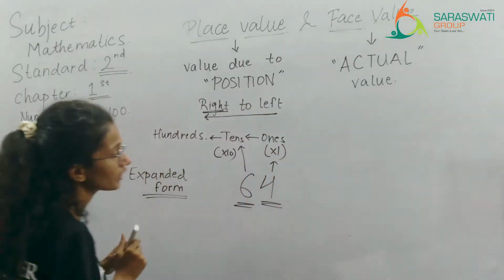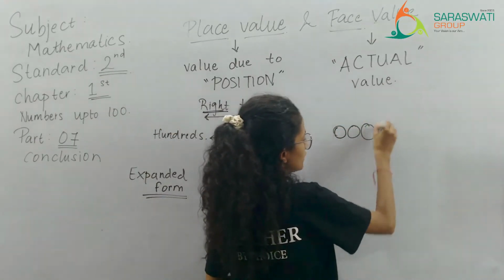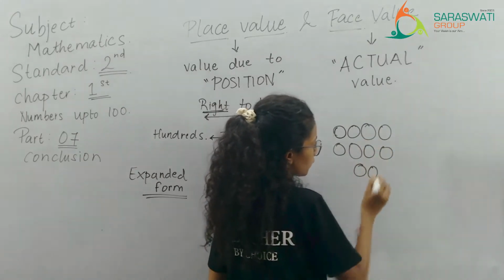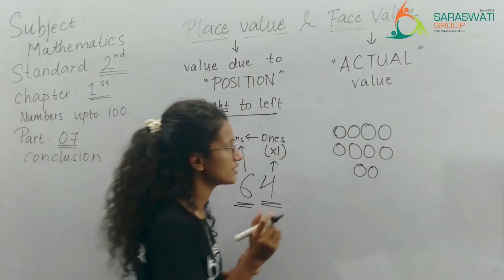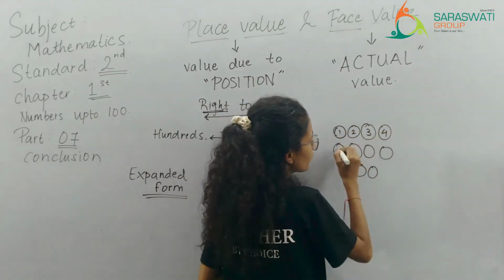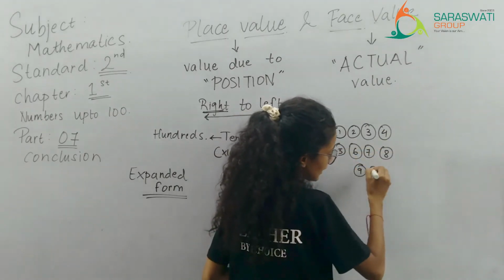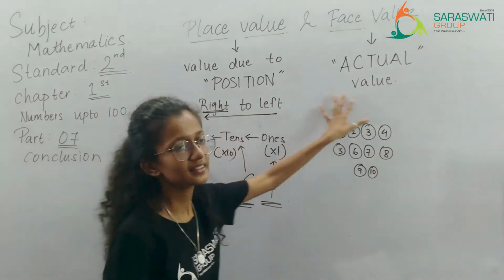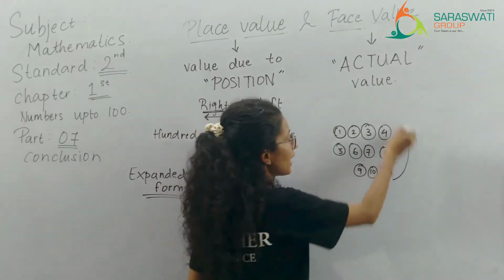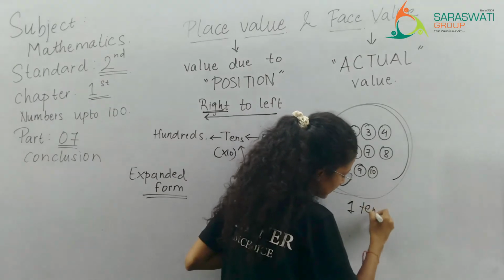I will show you what I am trying to say. If I have 10 balls, let's count together. 1, 2, 3, 4, 5, 6, 7, 8, 9, 10. So these are 10 ones. These combine and become 1 tens.